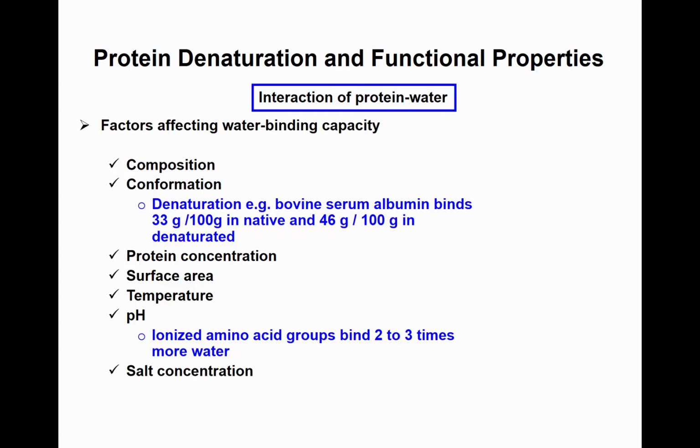Again, salt concentration. Remember the concept of salting in and salting out. A small concentration of salt is going to add a charge load on the protein, and that will enhance protein binding with water, but a high concentration of salt will have the opposite effect.